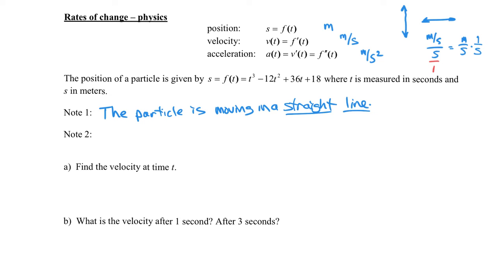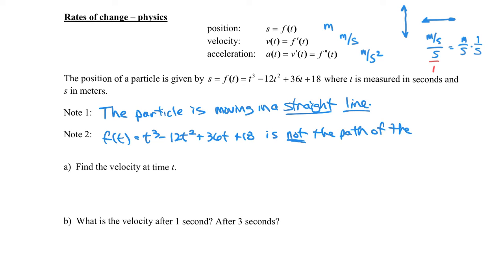And the second one that I mentioned is this function f of t, this position function, is not the path of the particle. Because that function is a cubic, and it most definitely could not be straight line motion with that, right? So that is going to tell us what position we're in along a number line at any time t.